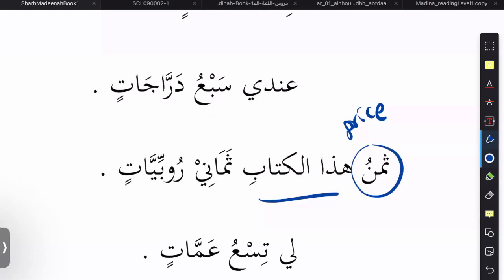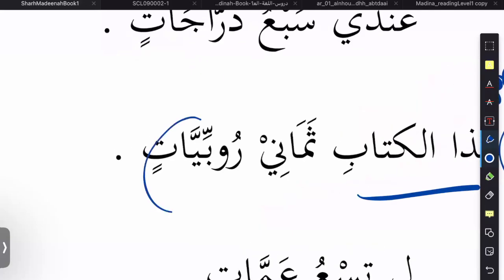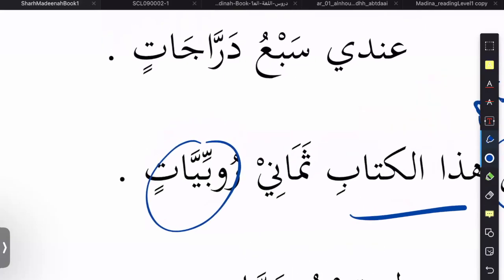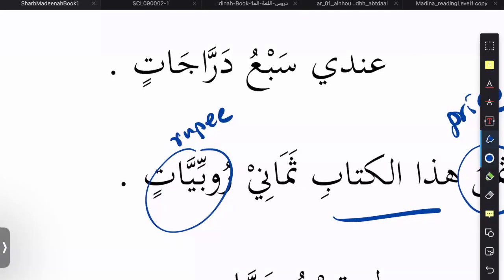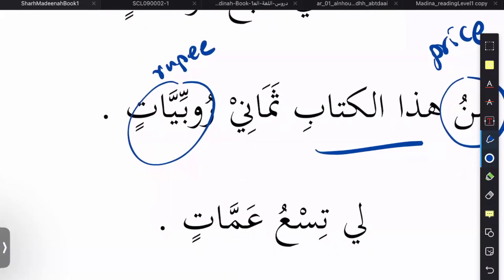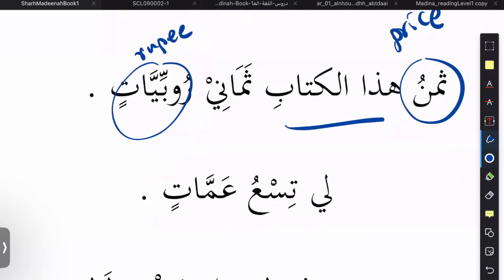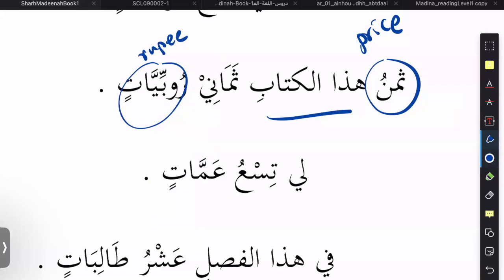Price of this book. ثماني روبيات. What is روبيات? I think it's rupees. Price for this book is 8 rupees. لي 9 عمات. I have 9 aunts.